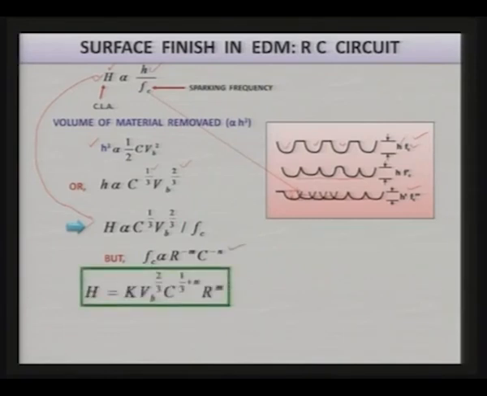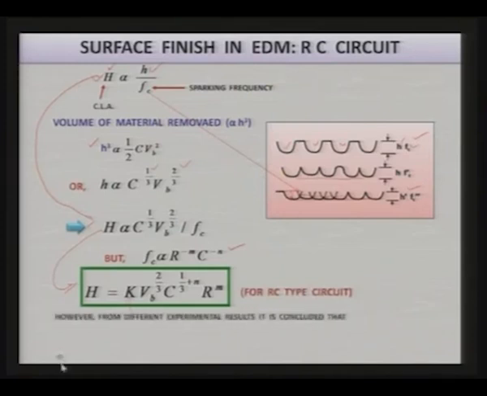Using this relationship, the equation can be written as H equal to k V_V raised to power 2 by 3, c raised to power 1 by 3 plus n, and r raised to power m. Here again k is the constant of proportionality. You have to evaluate it with the help of experimental results.